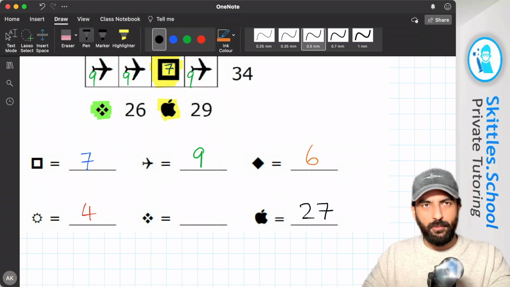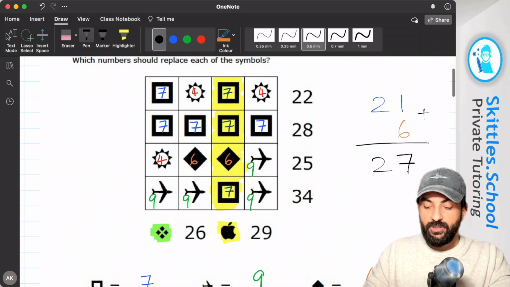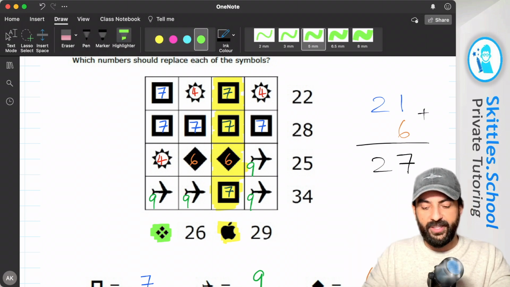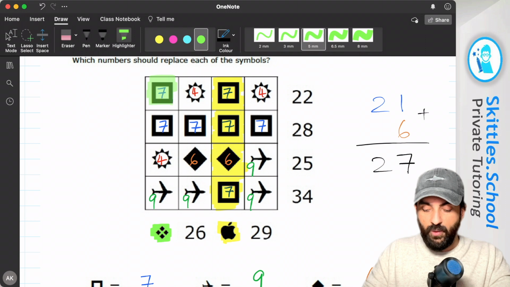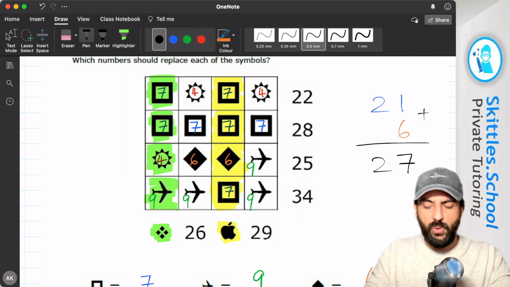Okay, let's apply the same logic to work out the star. And again, the star is the total for the whole column going downwards. So it's the square plus the sun plus the aeroplane. So we've got 2 squares, a sun, and an aeroplane. Well, 1 square is 7, so 2 squares is 14.